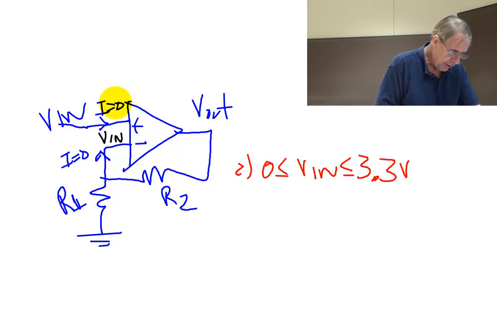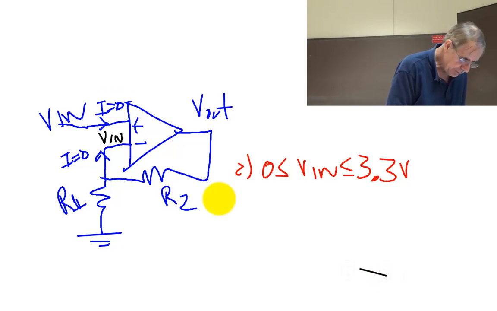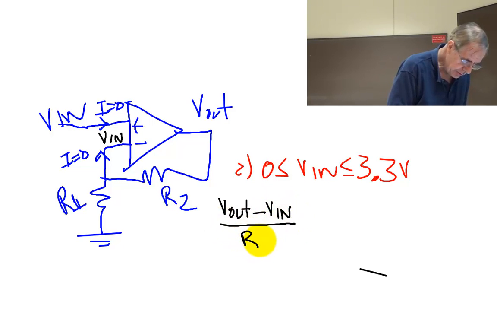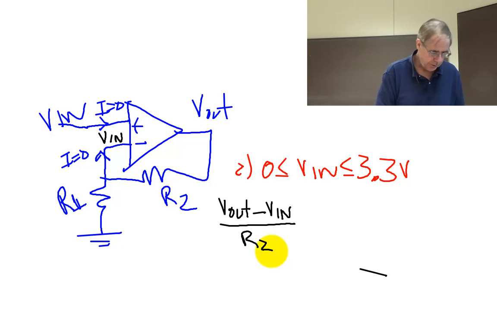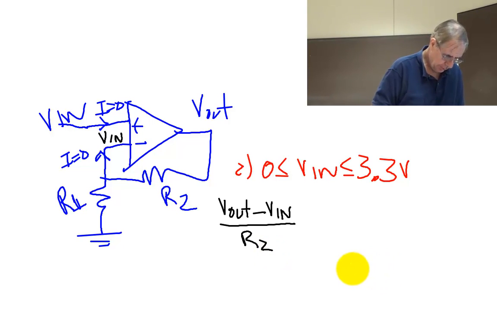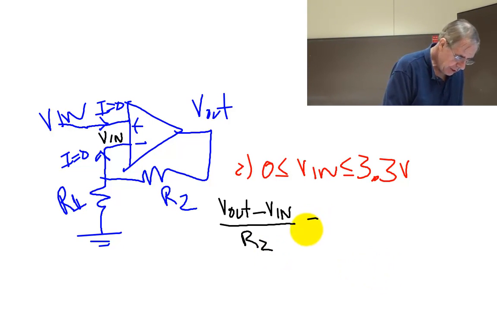So now I just use Ohm's law. Let's say I'm going to look at the current through R2. V out minus Vn over R2, that's Ohm's law, is equal to Vn over R1.